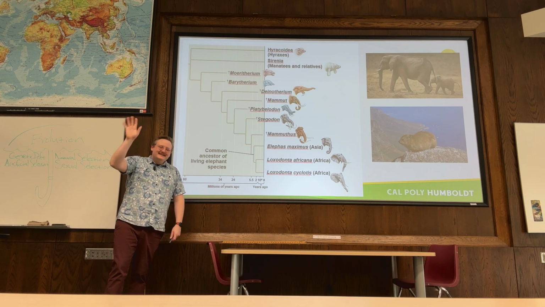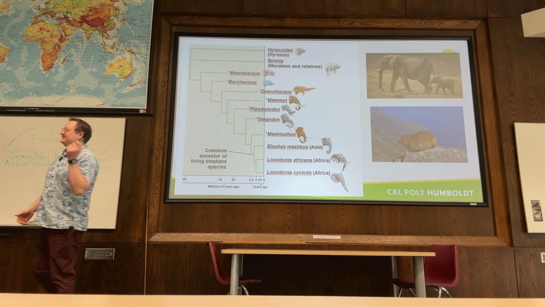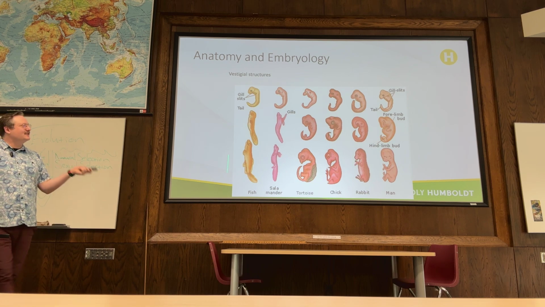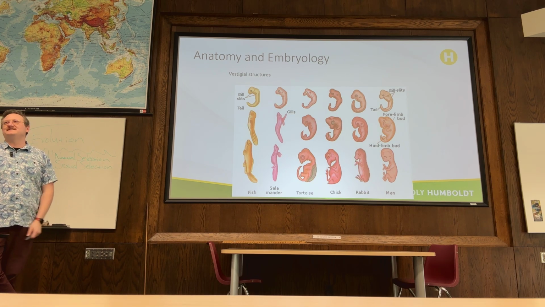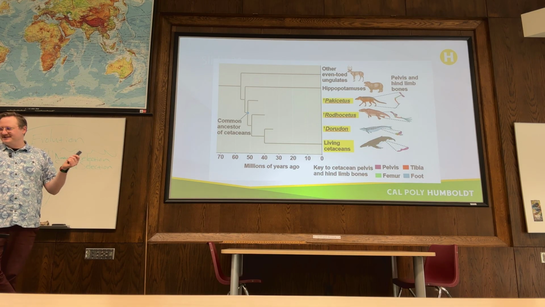But anyway, common ancestry and homologous structures give evidence for evolution. If you look at embryology, embryos tend to look pretty similar as they develop, but then there are shifts in development. This is also cited as evidence for evolution.